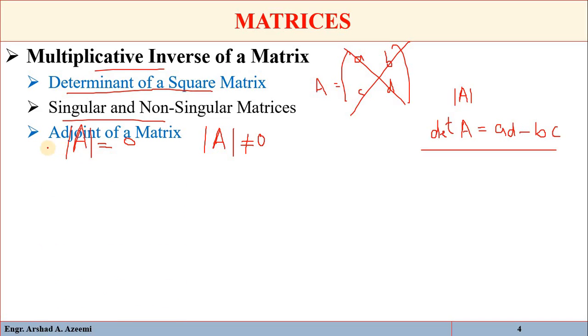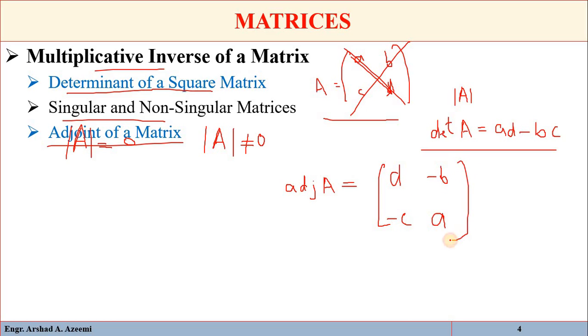Another one is the adjoint of a matrix. The adjoint of a square matrix is denoted by ADJ of A. For example, if we have a 2 by 2 square matrix A with elements a, b, c, d, then its adjoint, denoted by ADJ of A, will be equal to the following: we interchange the primary diagonal elements, meaning d will be changed with a, and we change the sign of the secondary diagonal elements, minus b and minus c.